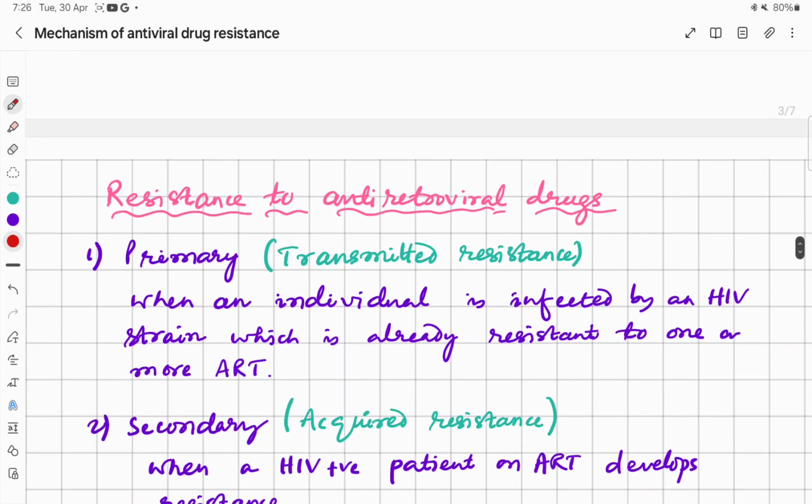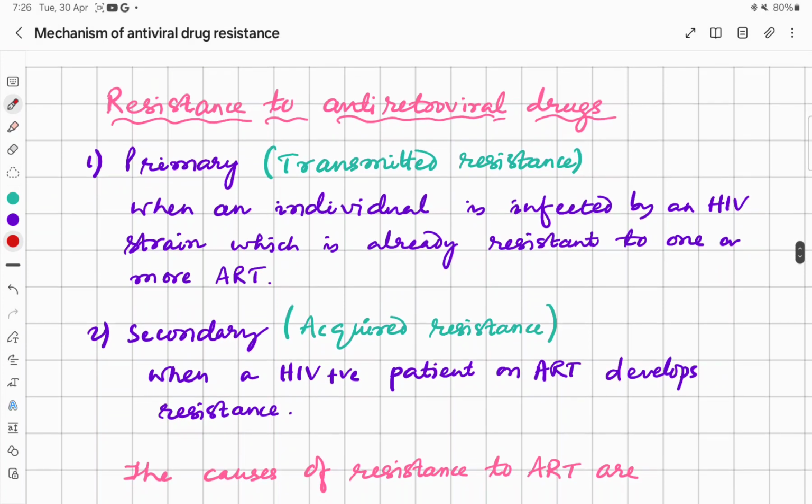So now let us come to the resistance, and mostly resistance occurs to antiretroviral drugs because in that case we need multi-drug therapy, and resistance to antiretroviral drugs or anti-HIV drugs can be of two types, primary and secondary.